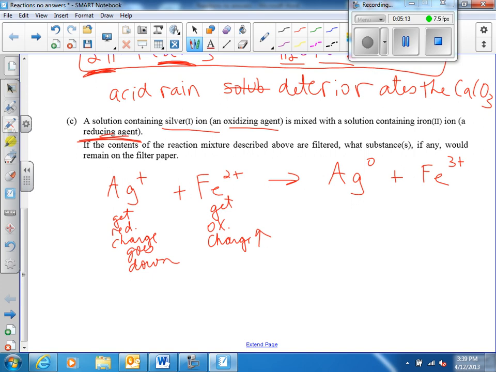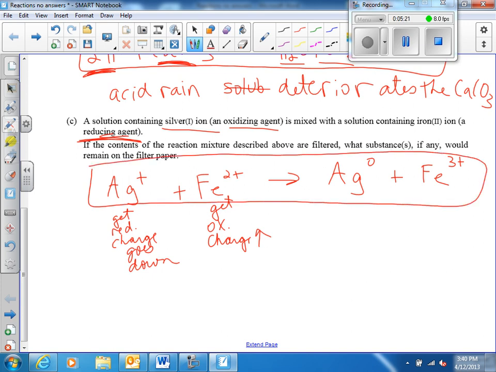And most of the ions that we work with don't go above 3, so it's a logical guess that we would have the iron 3. Now it is actually balanced because the total charge on the left side is 1 plus 2, and the total charge on the right side is 3, and 3 equals 3. So we're balanced. We're good.